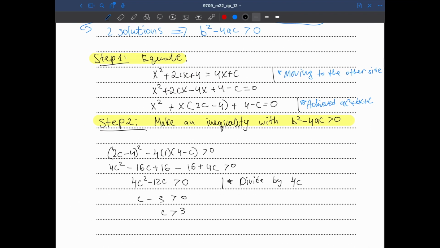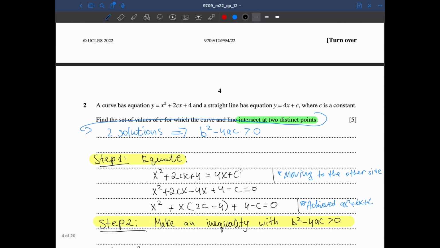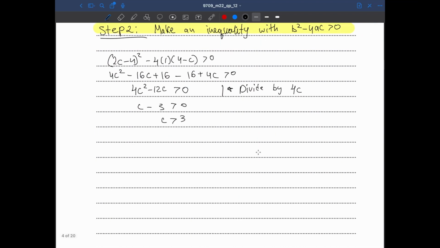So what we're actually doing is, let's just go back to the question. So they say intersect at 2 distinct points. All right. So our original thing is like this, yeah? 4c squared minus 12c, and then we divided by 4c. So what we actually did is first we took 4c out of the brackets, and then we ended up with c minus 3.